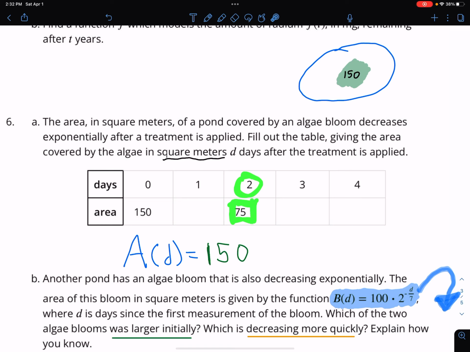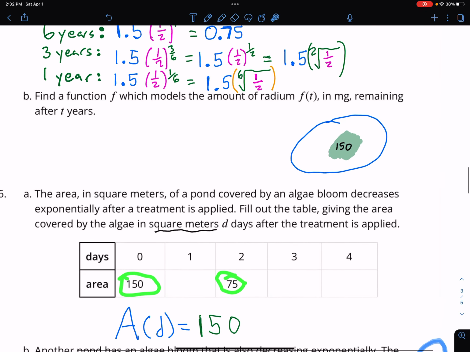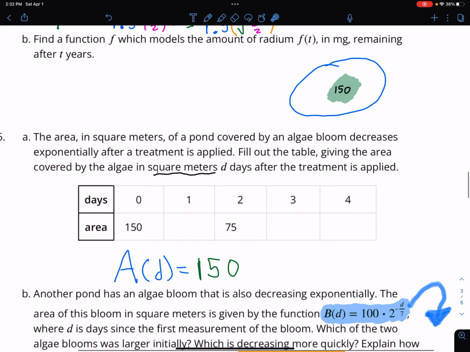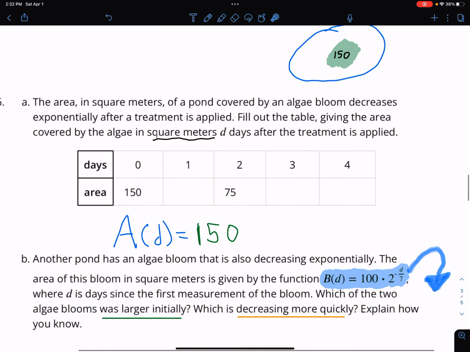You know what this 75 and that 150 kind of reminds me of? It's half of 150. 150 and 75. You know what's going on here?